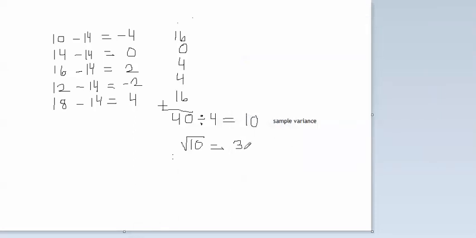And that becomes the sample standard deviation. So if you take the square root of a population variance, you get a population standard deviation. And if you take the square root of a sample variance, you get a sample standard deviation. So 3.2 is the sample standard deviation.